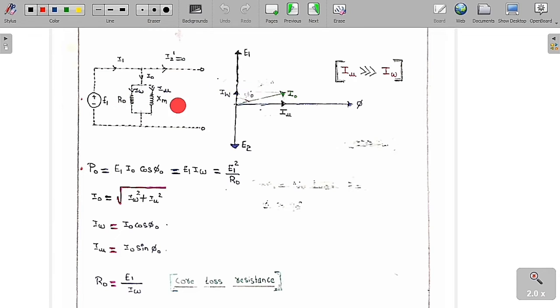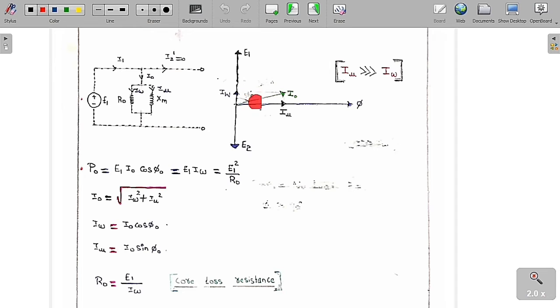This is IW. Whereas IMU is for the inductor, so the current lags the voltage by 90 degrees. This is IMU, and because of IMU only, flux is produced, so both are in the same phase. I0 is the vector sum of IW and IMU.